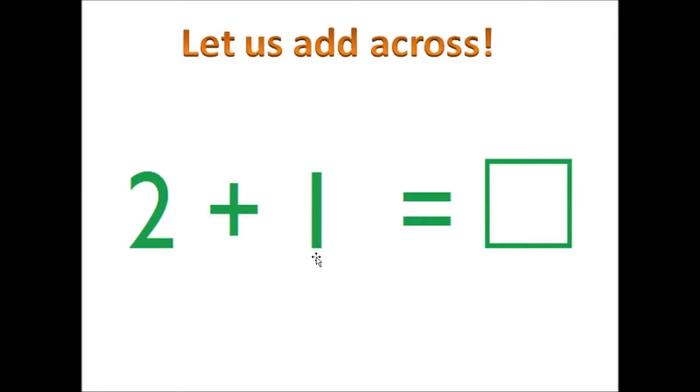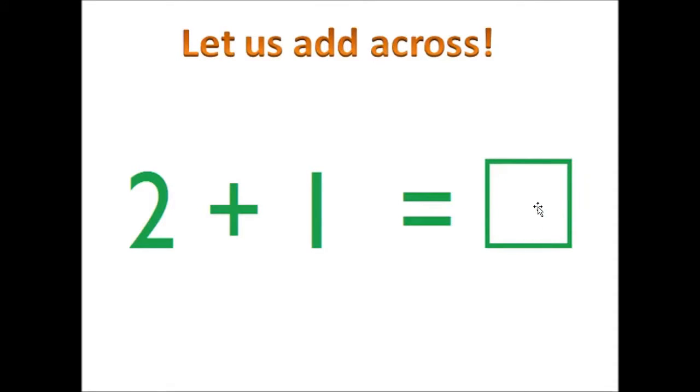Good. Now we come to this symbol right here. This is called the equal sign. Equal. All right. It means when you add up 2 add 1, it will be equal to something. We will get an answer that goes in this box here. Okay?